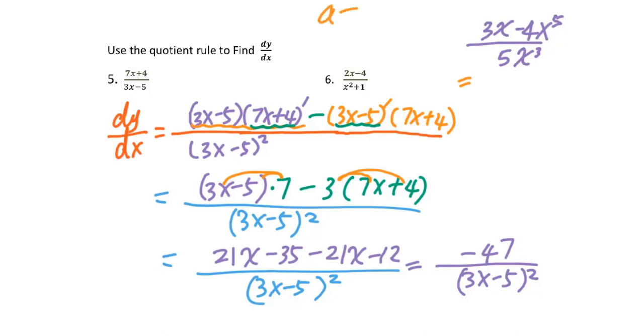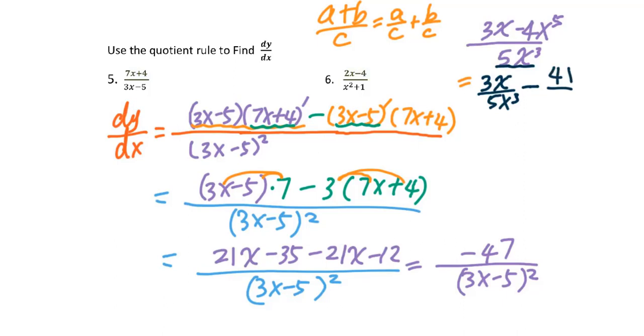We know that a plus b over c gives a over c plus b over c. So when your denominator is a monomial, then separate. You will get 3x over 5x to the 3rd power minus 4x to the 5th power over 5x to the 3rd power.